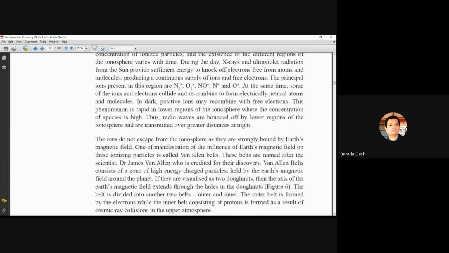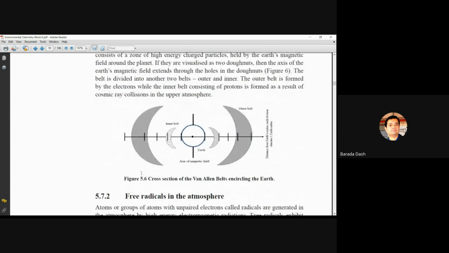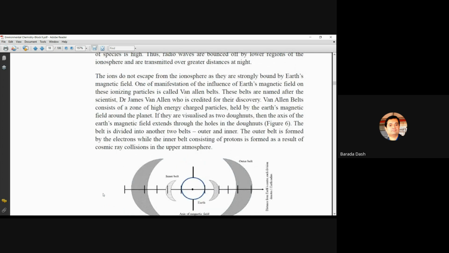So this is how the ions are distributed in the atmosphere. Outer belt is there, inner belt of charged particles is there. Basically they are ions, and they are held due to the Earth's magnetic field.